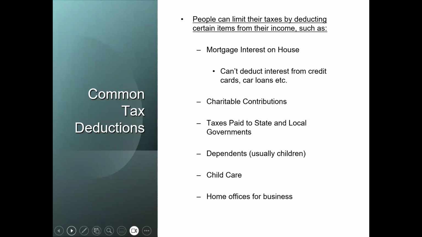So, what we call the SALT deduction, or the state and local tax deduction, was limited to $10,000 in the 2017 Tax Act. And ever since then, that's been under assault by blue states.